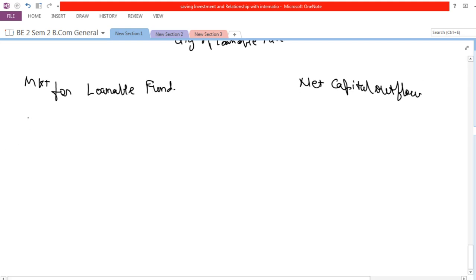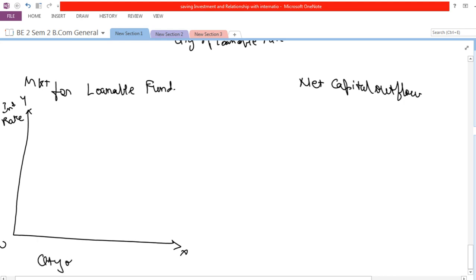The first market, the market for loanable funds, is the same as we discussed earlier. Here we have interest rates on the y-axis, and on the x-axis we have the quantity of loanable funds.